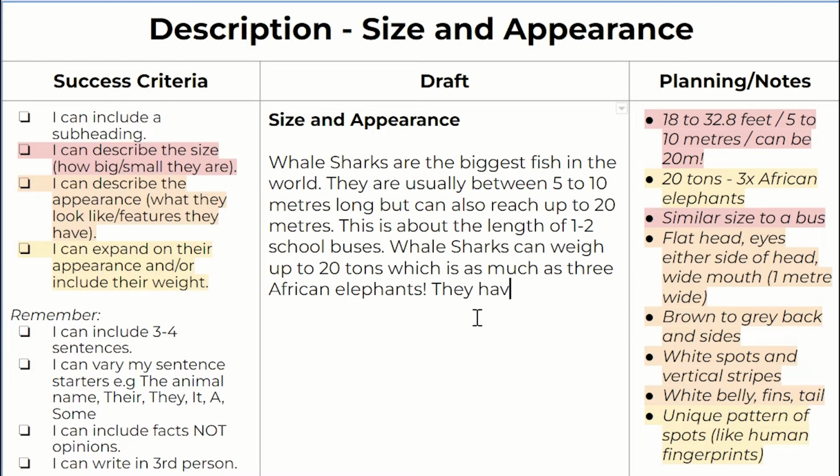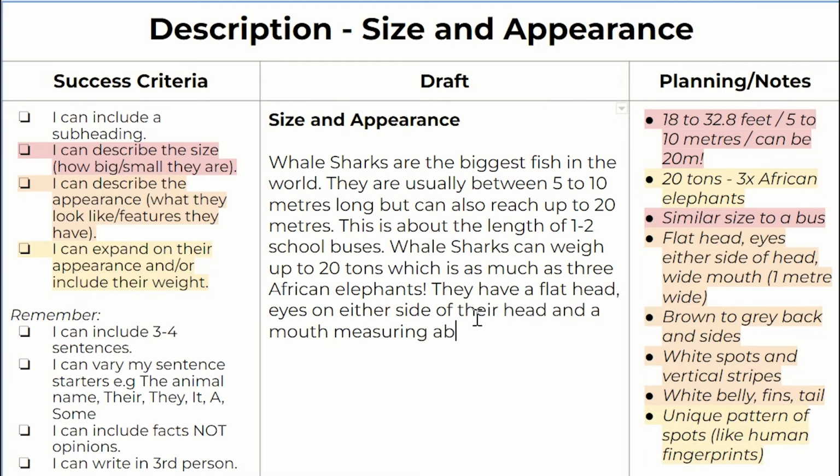They have a flat head, eyes on either side of their head, and a mouth measuring about 1 meter wide. Okay, now they are brown to grey on their back and side.